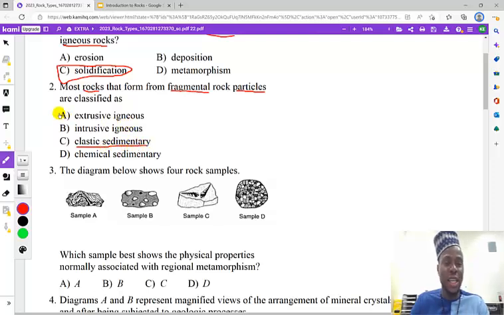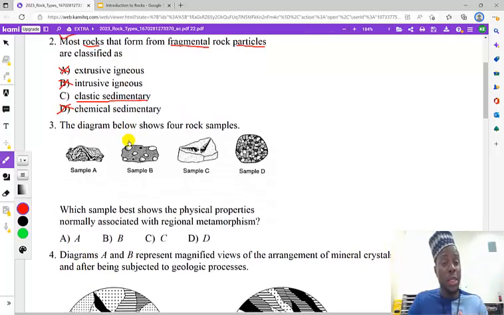We established that igneous rock formed from the cooling and solidification of magma, so option A is out. Option B is also out as well. Chemically formed sedimentary rock involves evaporation and precipitation and the growth of crystals, so option D is also out of the way. Only clastic sedimentary rocks are formed from the fragments of other pre-existing rock, land-derived sediments.